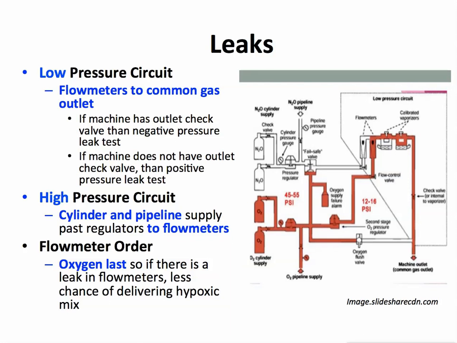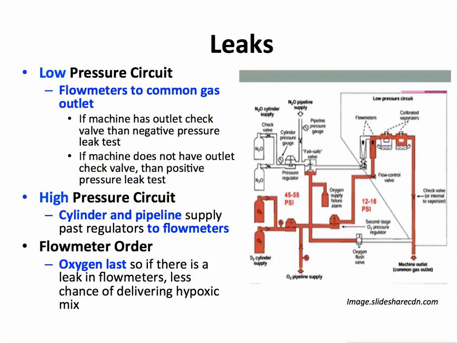Leaks. The low pressure circuit can have leaks, and remember that the high pressure circuit is the tanks and the oxygen pipeline supply, everything up into the flow meters. So the low pressure system is flow meters to the common gas outlet.